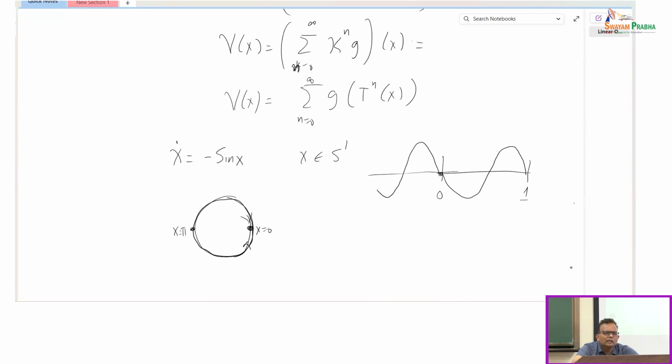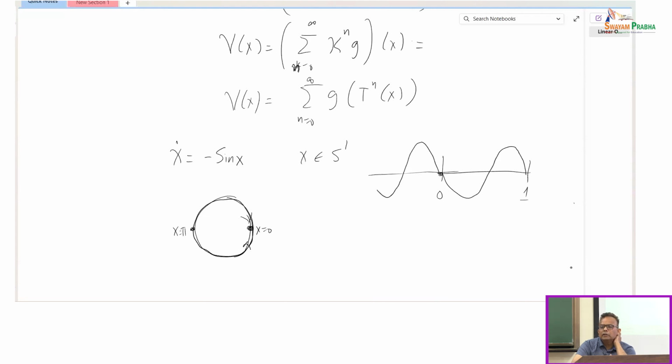You don't want to call x equal to 0 not globally stable, right? For all engineering purposes, I'm okay with missing a few points. I don't want to disqualify x equal to 0 because one point is not getting there. From an engineering point of view, x equal to 0 is stable. More precisely, it is almost everywhere stable.